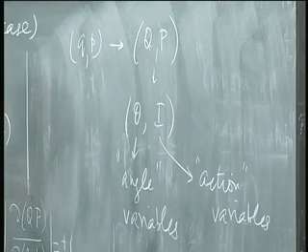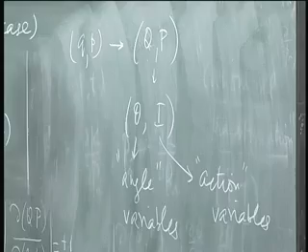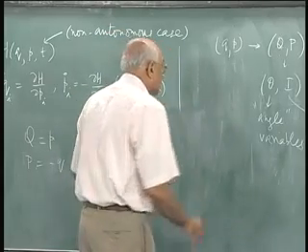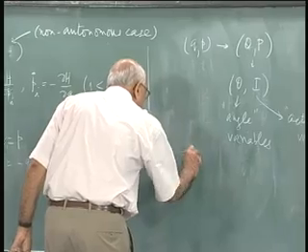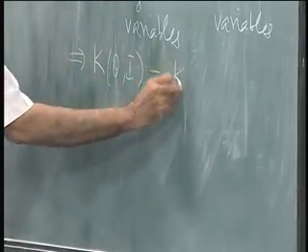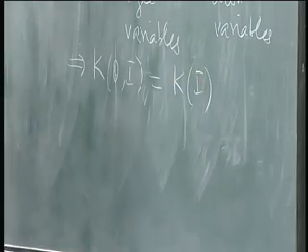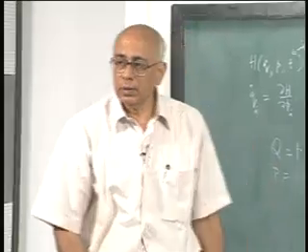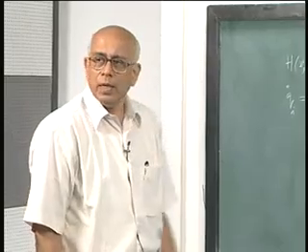But the way the magic operates is as follows. It turns out that once you do this canonical transformation, then K of theta, I becomes equal to K of I alone. No dependence on half the variables, on the new generalized coordinates, no dependence at all. What does that imply?